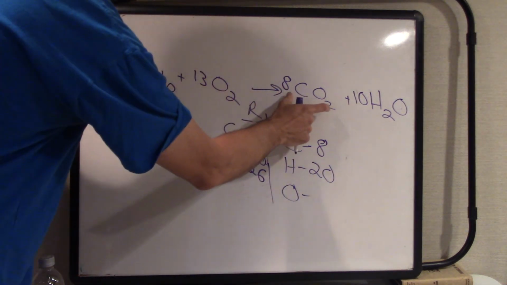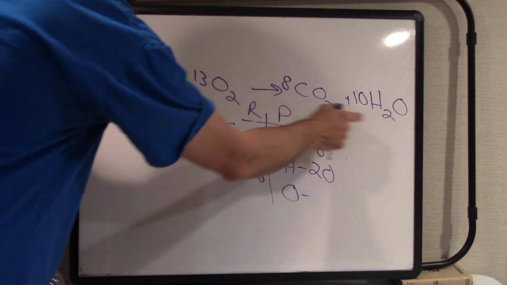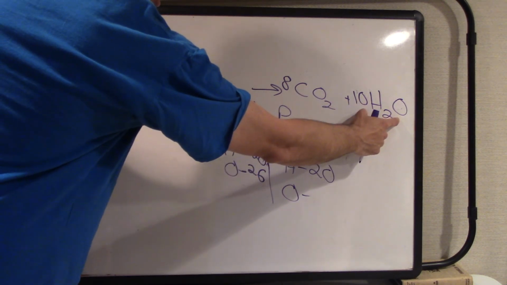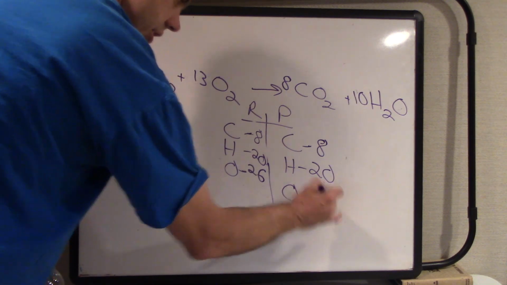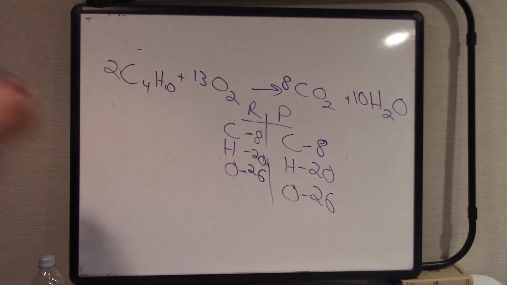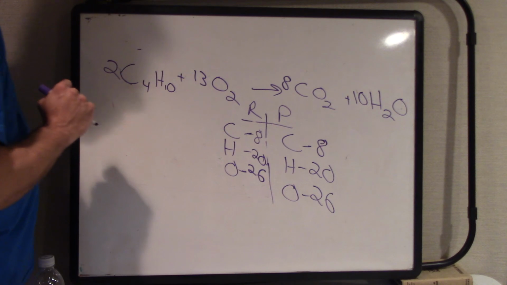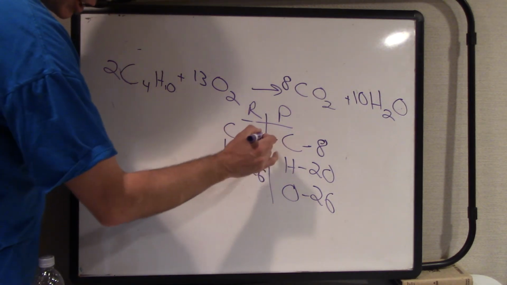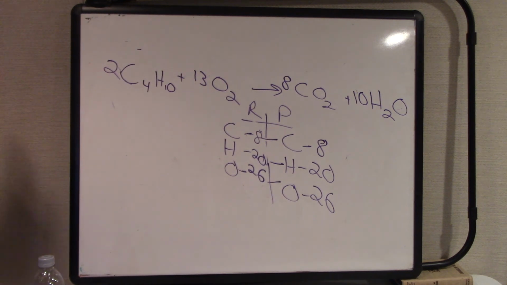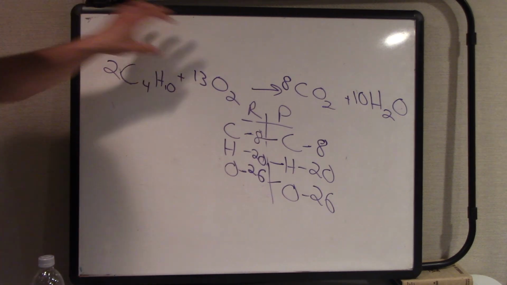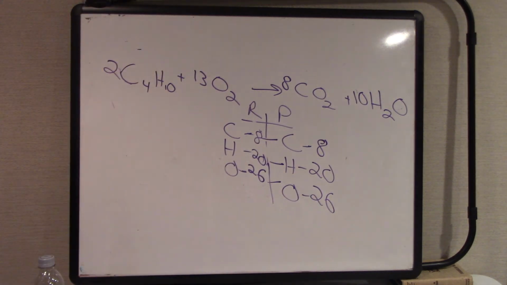Oxygens, 8 times 2 make 16 here. 10 times 1 make 10 here. 16 and 10 is going to make 26, so I double checked our math. Now, does everything match up? 8 carbons, yes. 20 hydrogens, yes. 26 oxygens, yes.